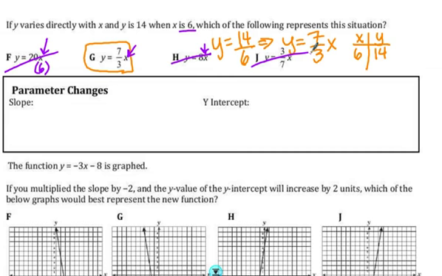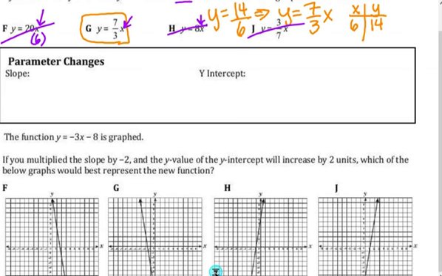Alright. Parameter changes. Some fun things to talk about here. Alright, so think about if you had a slope of 0. Okay, a slope of 0, that's a horizontal line, right? For 0 slope. So I want you to think, or remember slopes. The further away we get from 0, the steeper our graph is going to get.